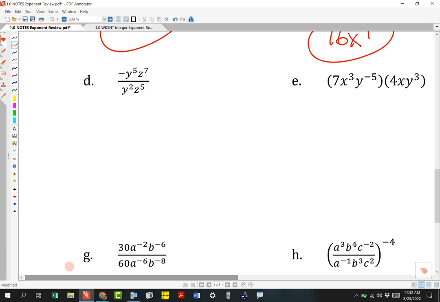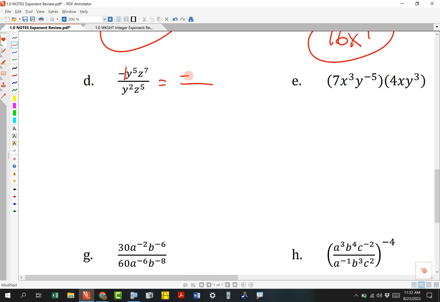So we're on example D. Take a look for a second. It might be helpful to actually write a negative 1 there. Is there anything to cancel with on the bottom? Any fraction simplification we can do? Not with the coefficients.